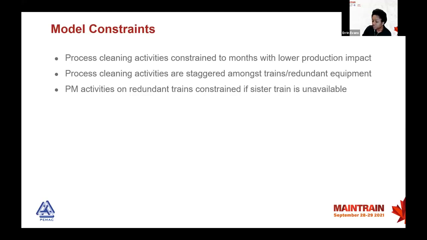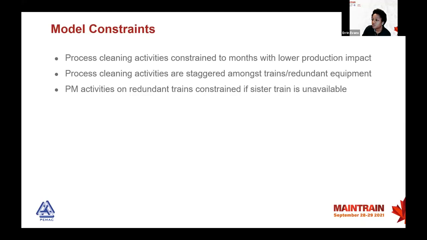So within the software, I staggered different activities so that, let's say, the software calls for one of the process cleaning activities to occur. If that train is out of service, then it won't call on the second train to be taken out of service. And then planned maintenance, very similar. So planned maintenance on redundant trains was constrained if the sister train was unavailable.